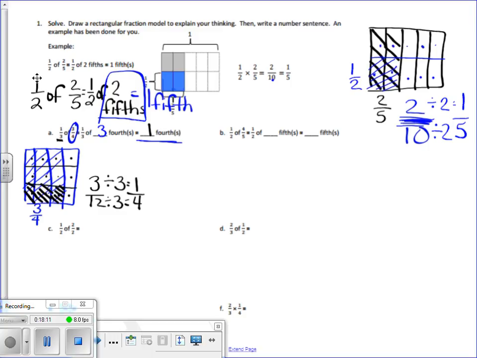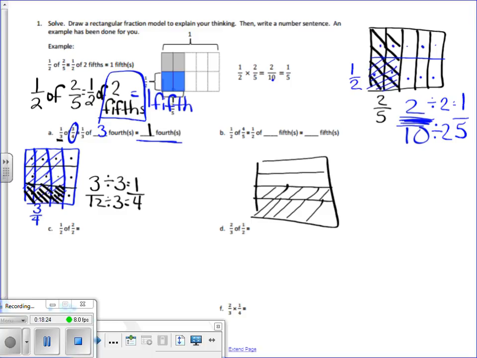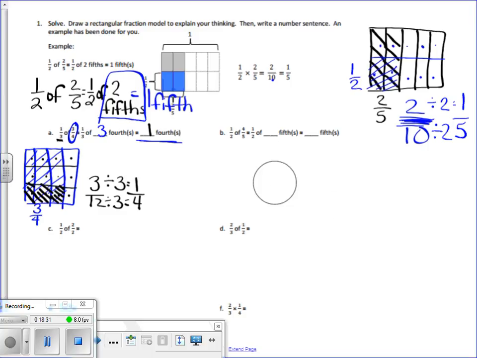Because then if I did 1, 2, 3, and I did 2, there's my 3/4. You know what? Let me fix that. I did it a different direction. Let me fix that.